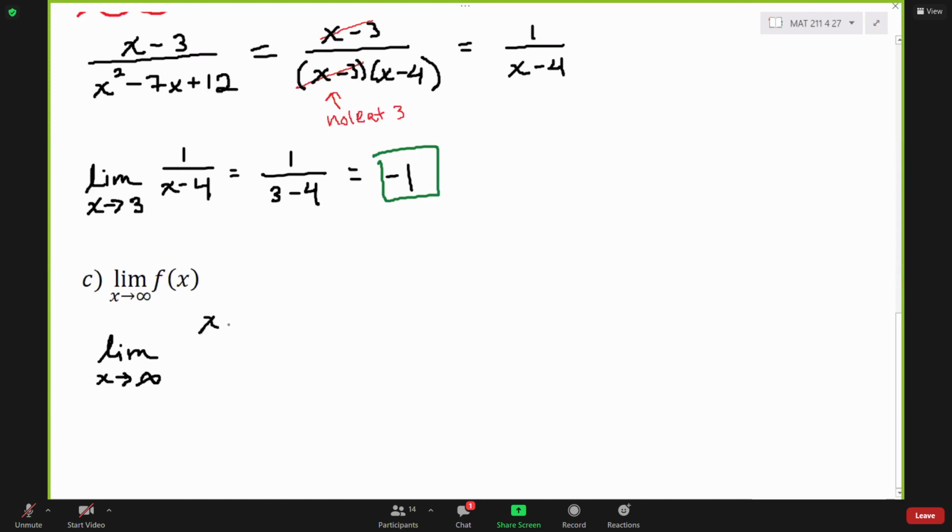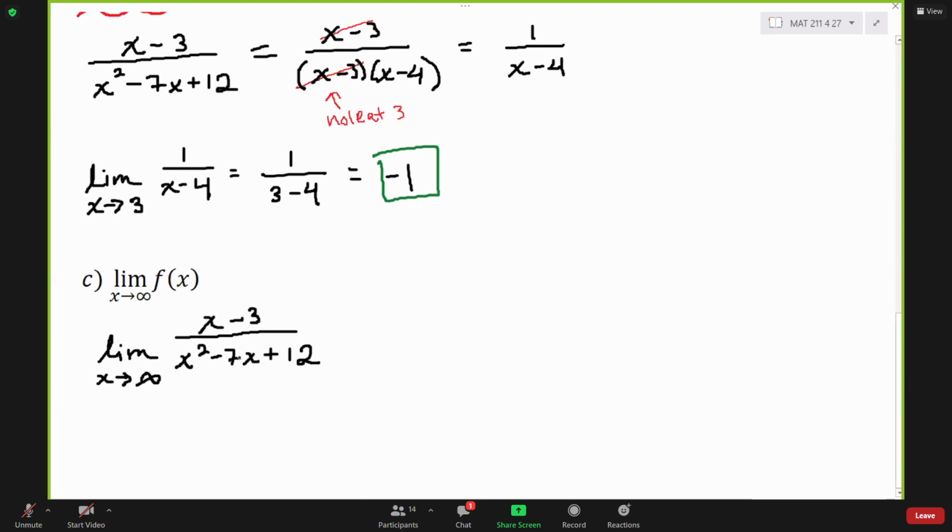So we have x minus 3. So here, x is going out to infinity. It's going out to positive infinity in this case. But even if it were going to negative infinity, we would look at this as we do with horizontal asymptotes.